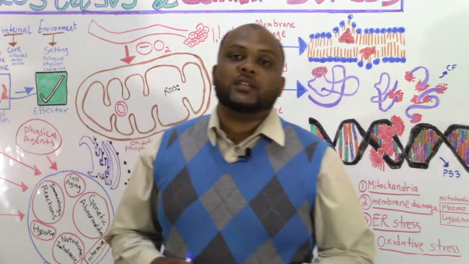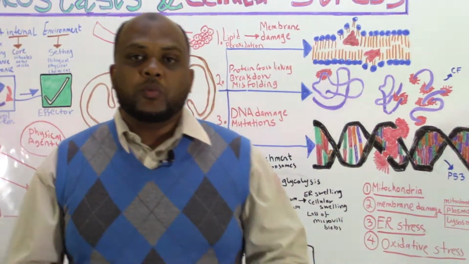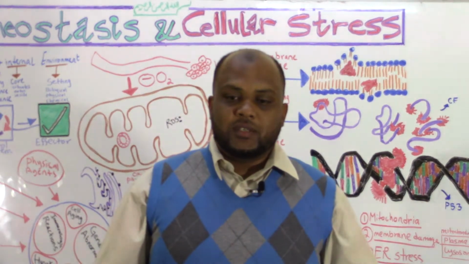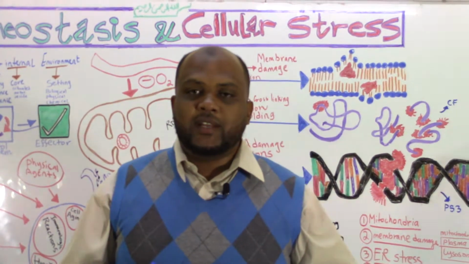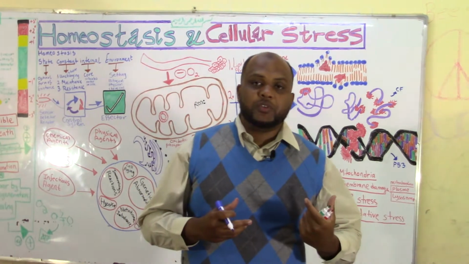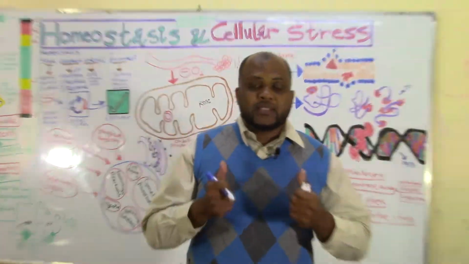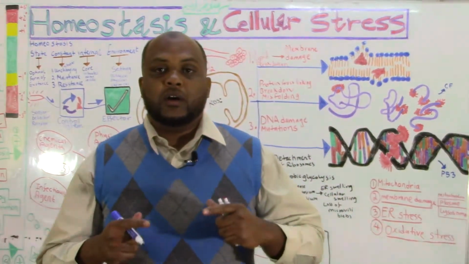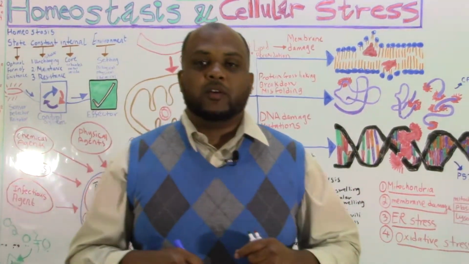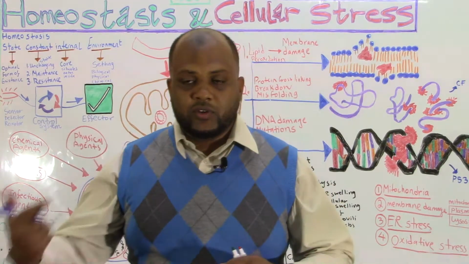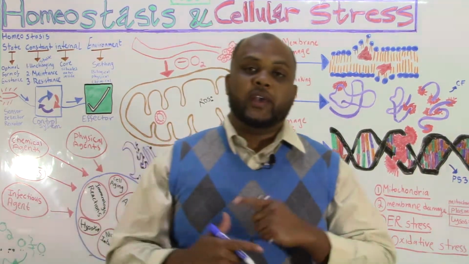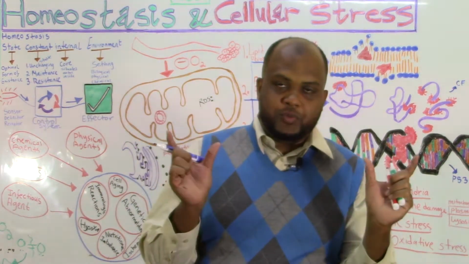So let's now discuss the concept of homeostasis. The understanding of the concept of homeostasis should make the best sense when we have a good understanding of cellular stress, and we will have a good understanding of cellular stress if we also have a good understanding of homeostasis.